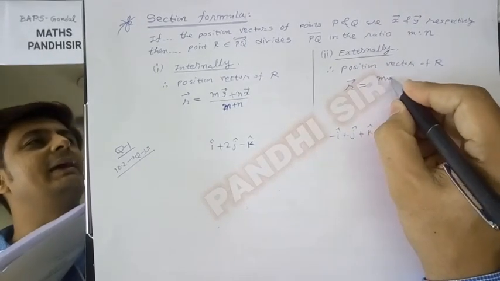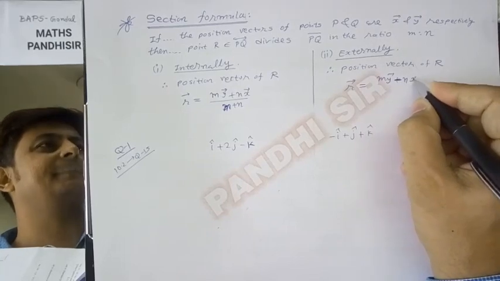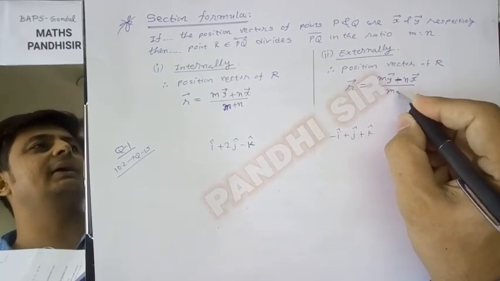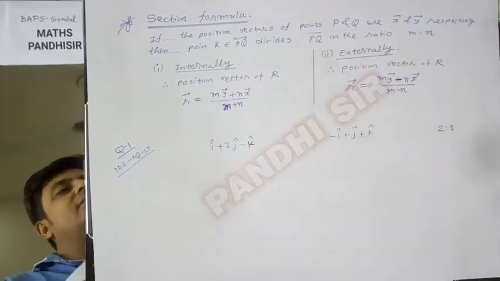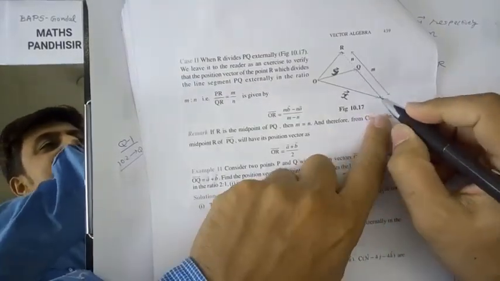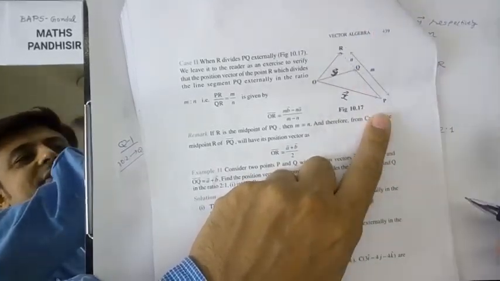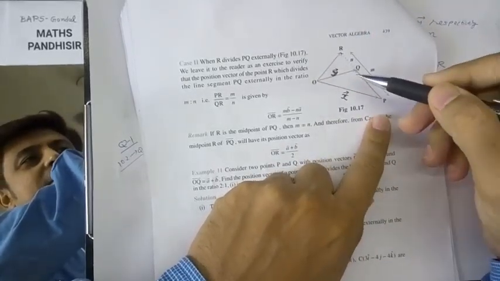So it will be m times vector y plus minus n times vector x upon m minus n, because it is external division. Look, in the textbook they have given PQ, and this dividing point is outside the line segment. It lies on this line, but it is outside the line segment.